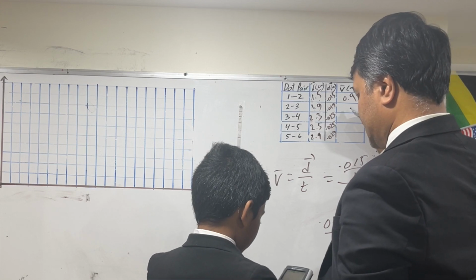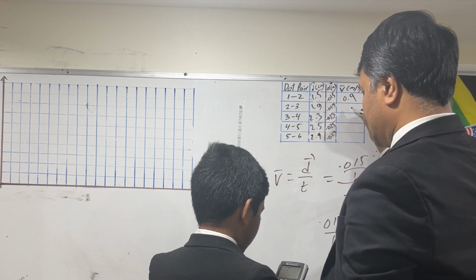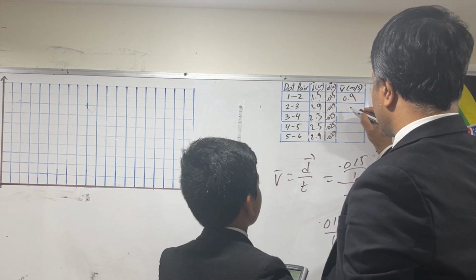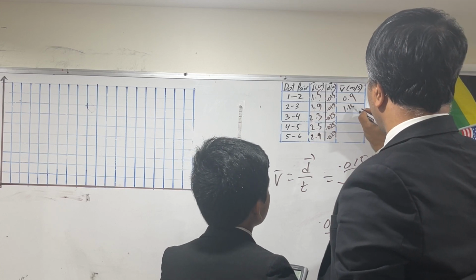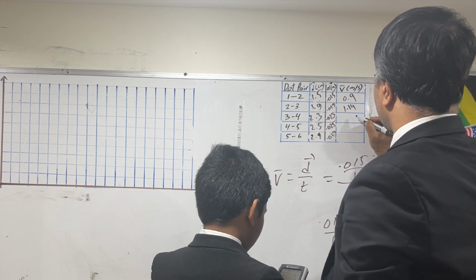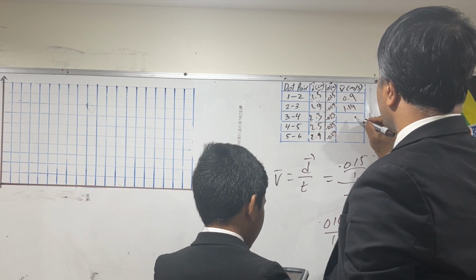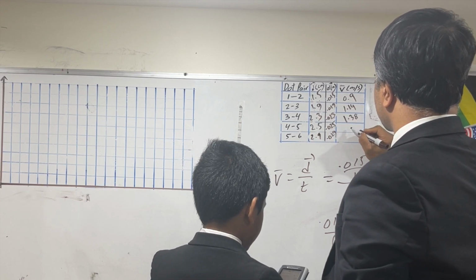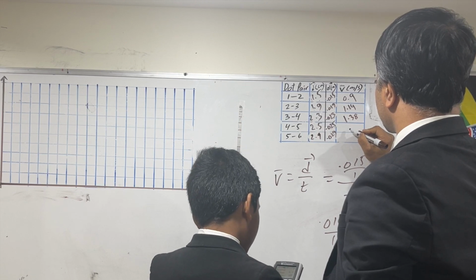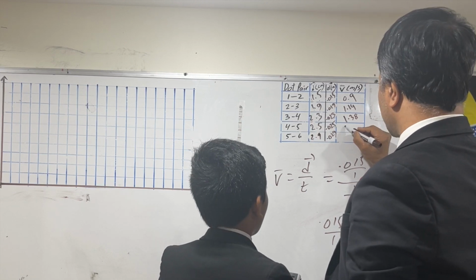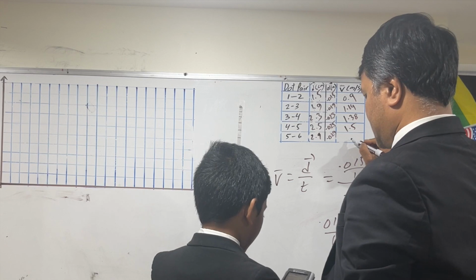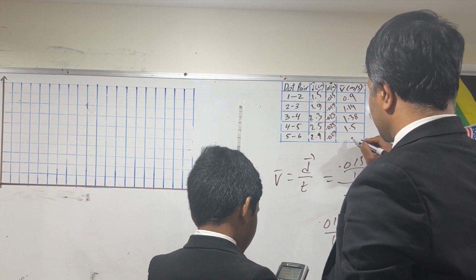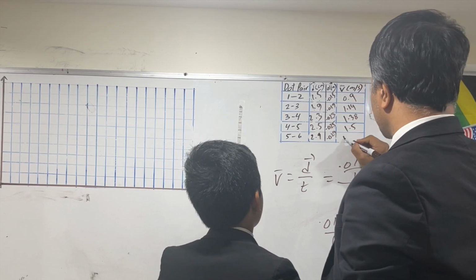Now we have 0.019 times 60 is 1.14. Then 0.023 times 60 is 1.38. 0.025 times 60 is 1.5. And 0.029 times 60 is 1.74.